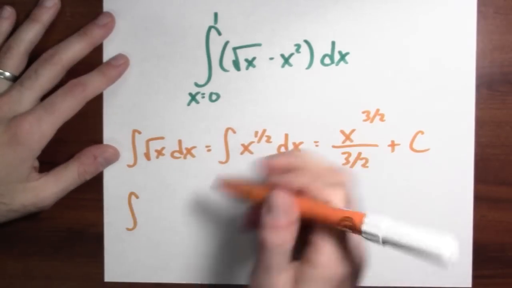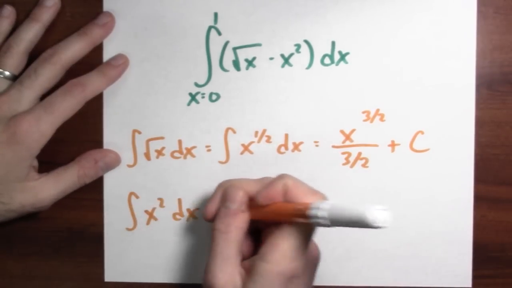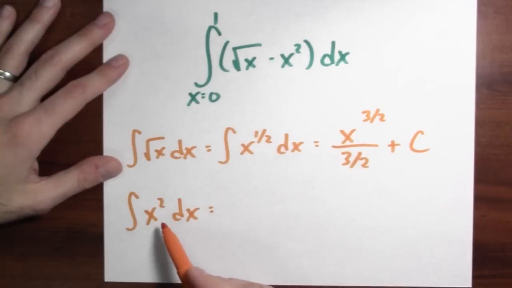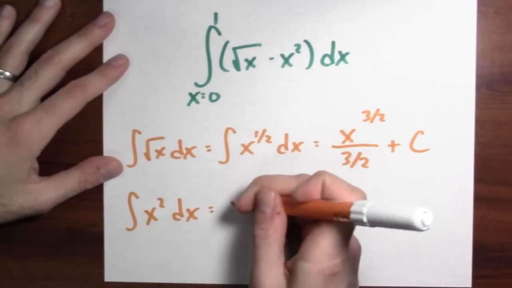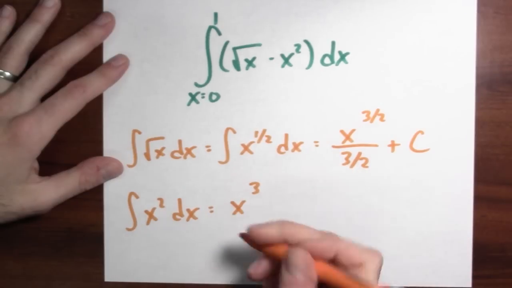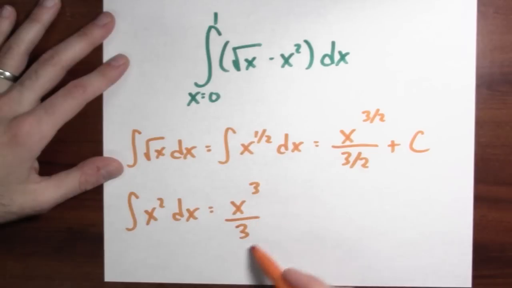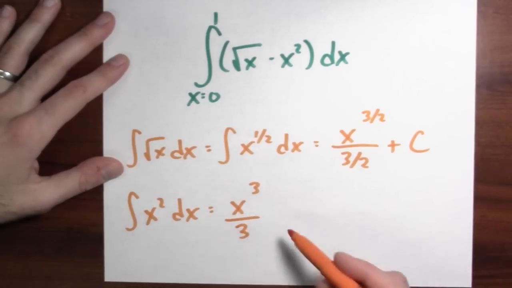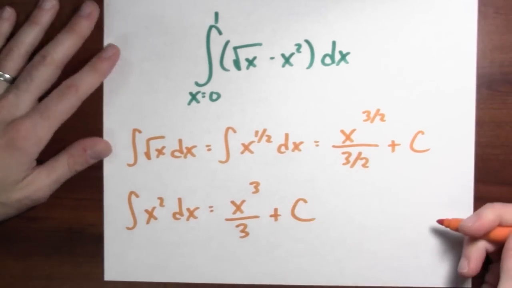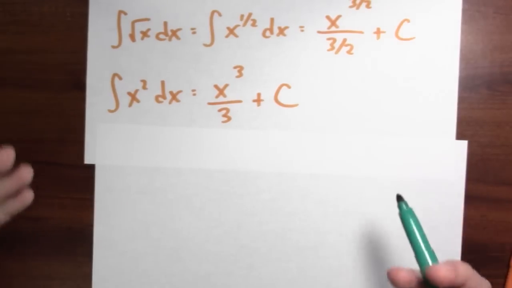What if I want to antidifferentiate x squared? Well, that's maybe easier, and it's the same power rule. It's x to the 3rd power, which is 1 more than 2, divided by 2 plus 1, so that when I differentiate this, I just get back x squared. Then I'll add a constant. Now, what's an antiderivative of the difference? Well, it's the difference of antiderivatives.